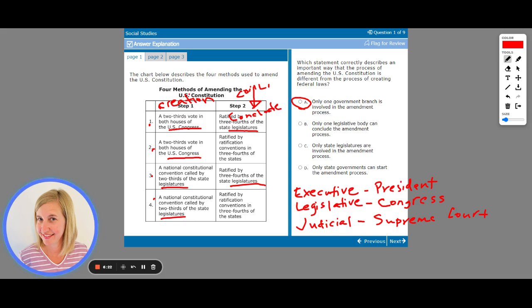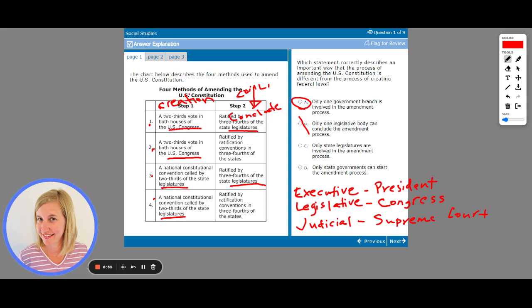And if we look at method 1, it relies on the state legislature voting on it. Method 2, though, relies on a ratification convention. So there is a way to conclude the process using the second method that does not involve the legislative body or the legislative branch of government. And so answer choice B is not correct, because there are actually 2 different ways that you can conclude the process, if that makes sense.